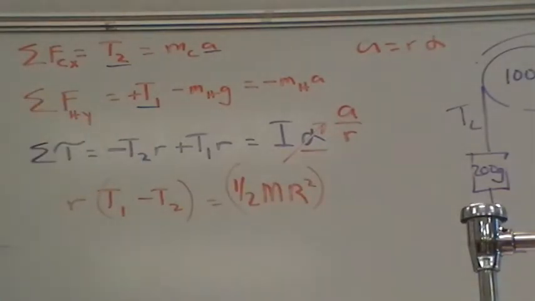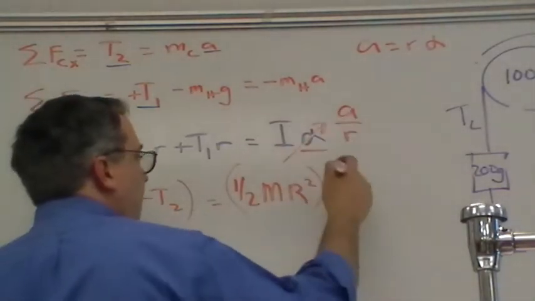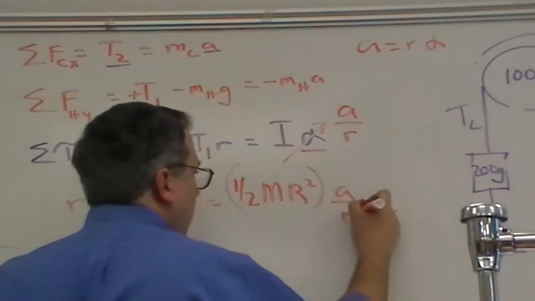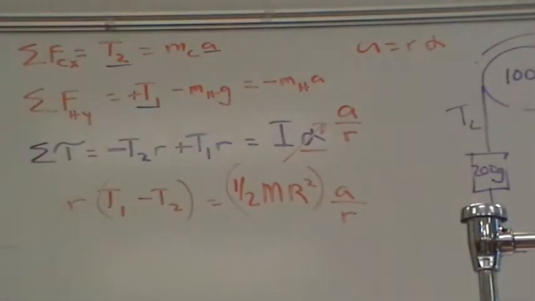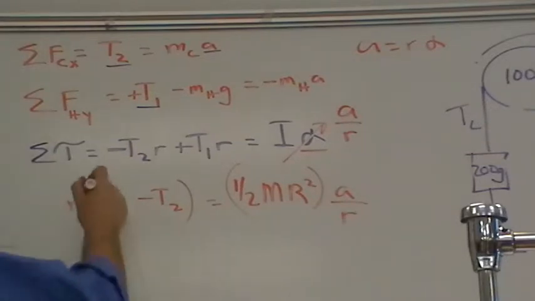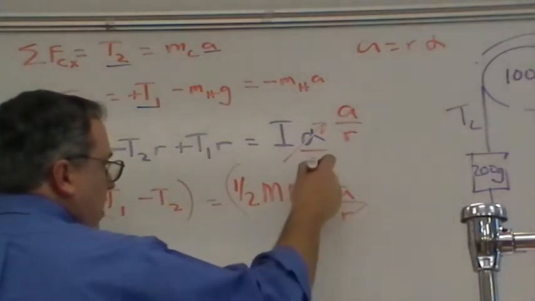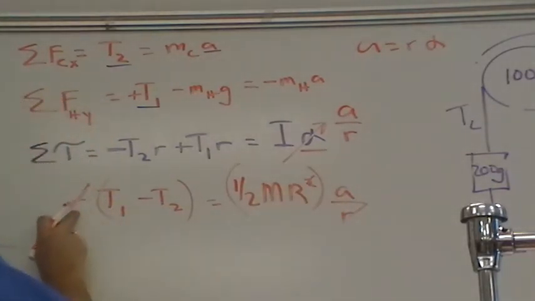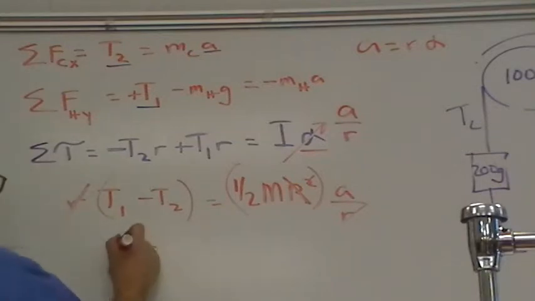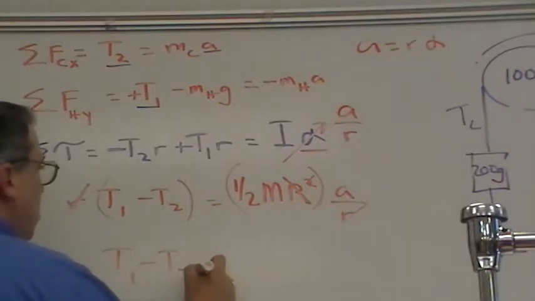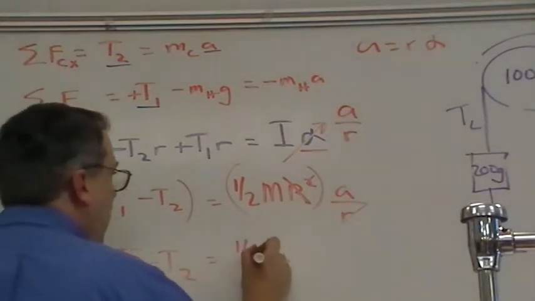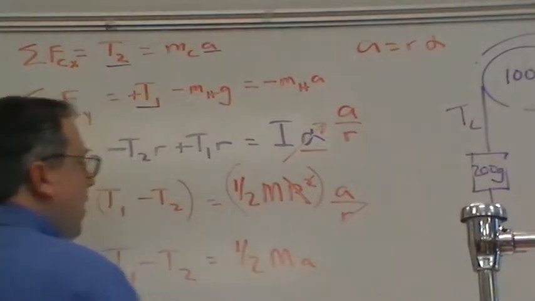So there's my I. And now for alpha, I'm A over R. Now I got lowercase r's up here and uppercase R's over here, and I need to get a little bit more consistent. But this R takes out the square, this R takes out that R. And we're left with T1 minus T2 equals 1/2 MA.